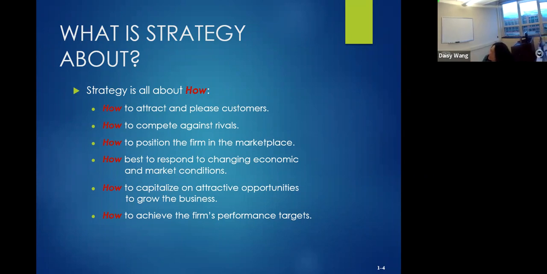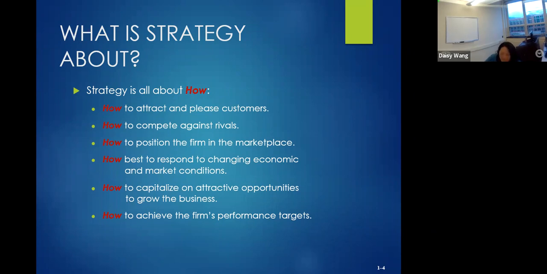And then how are you going to respond to the changing economic or market conditions? You will build that throughout the game. There will be some turbulence in certain years, and you will have to handle the situation. And how do you capitalize on opportunities so that you can grow the business?